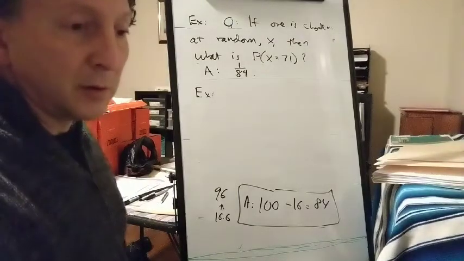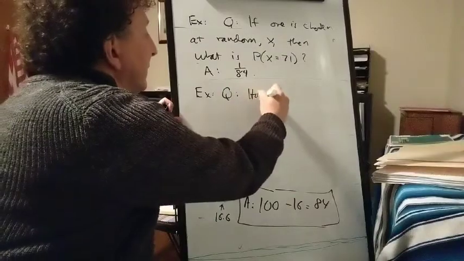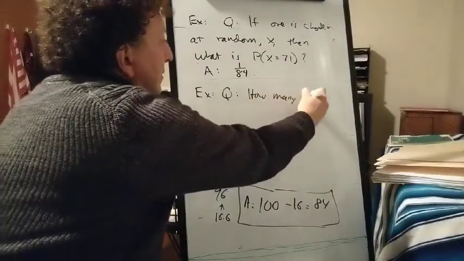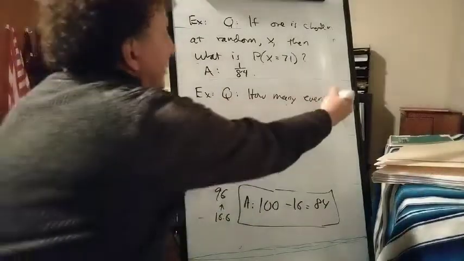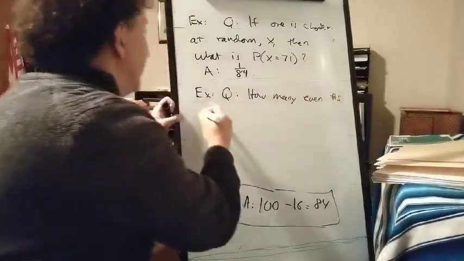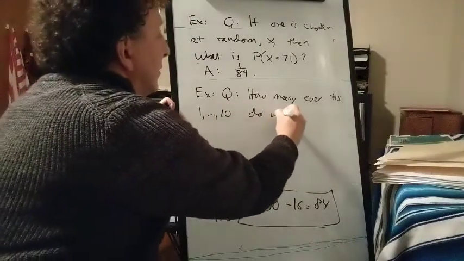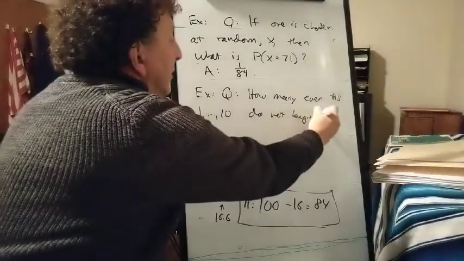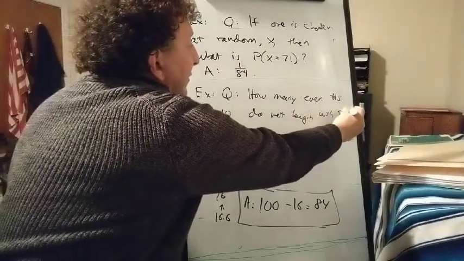So another related question we could ask is, how many even numbers from 1 to 100 do not begin with 5 or 6?